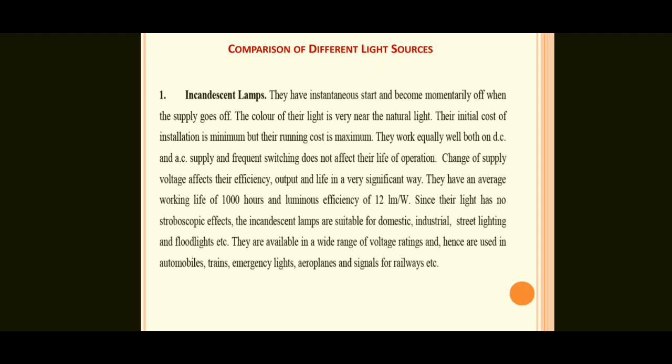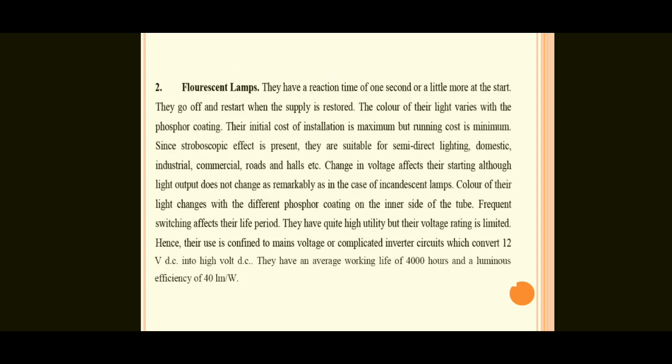So these are used in domestic applications, lights, wares, and anywhere we have to use. And second one, fluorescent lamps. They go off and restart when the supply is restored.